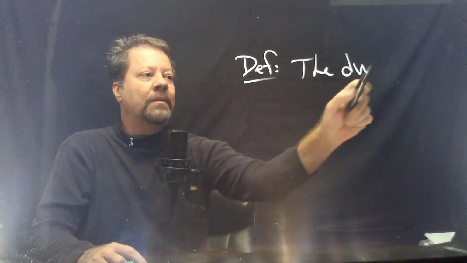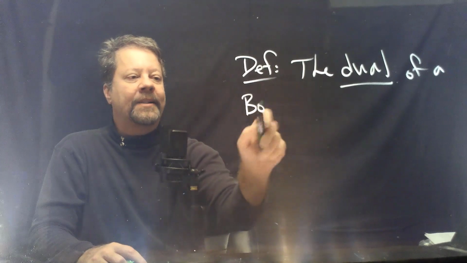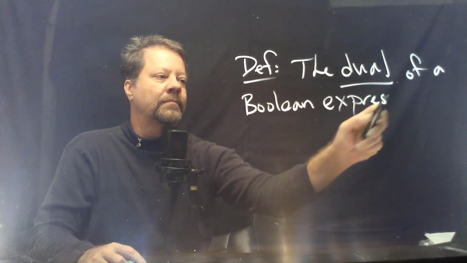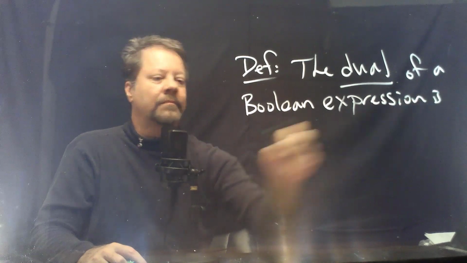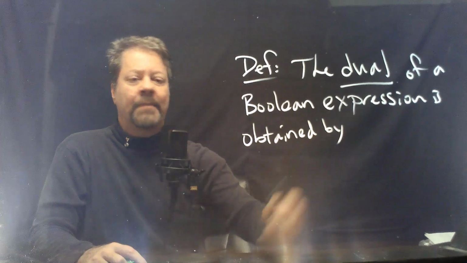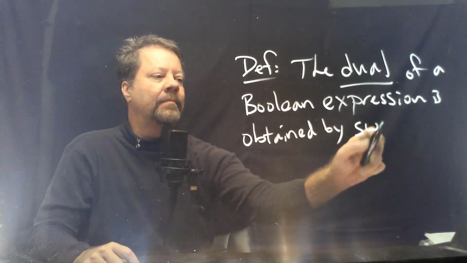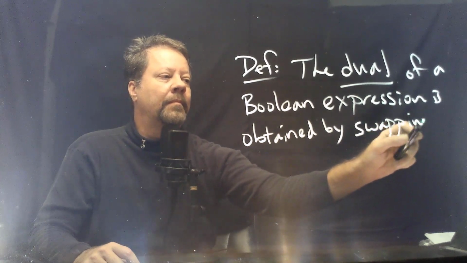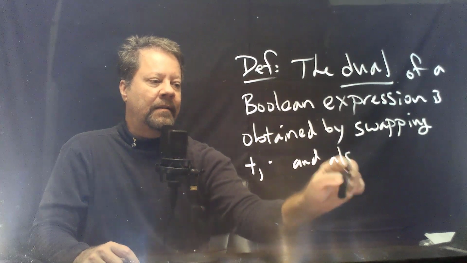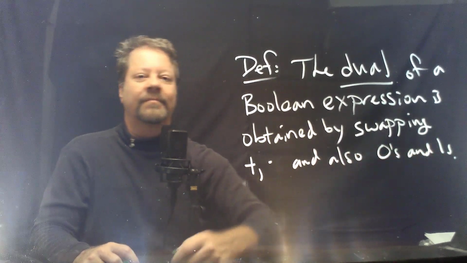The dual of a Boolean expression is obtained by swapping pluses and timeses, and also zeros and 1s.